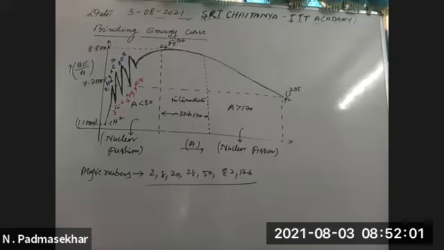Any one of the magic numbers, that nucleus is more stable and has more binding energy per nucleon.